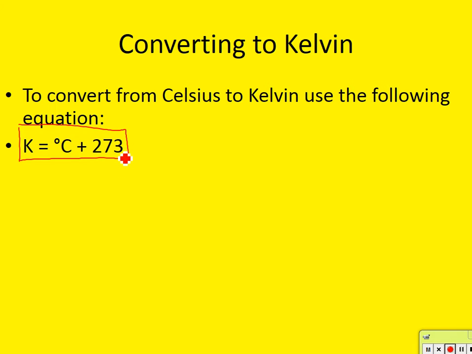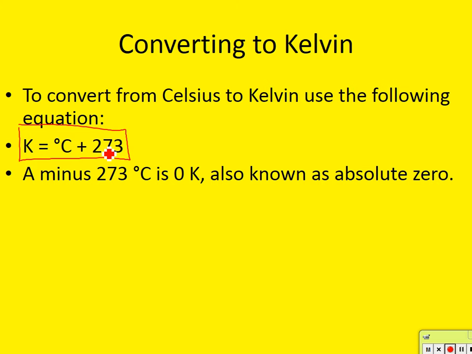So if they give us degrees Celsius, we just simply add 273 to it, and you've got your answer in Kelvin. If we look at this equation in a little more detail, what if we had a negative 273 degrees Celsius? So Kelvin is equal to a negative 273 degrees Celsius plus 273.